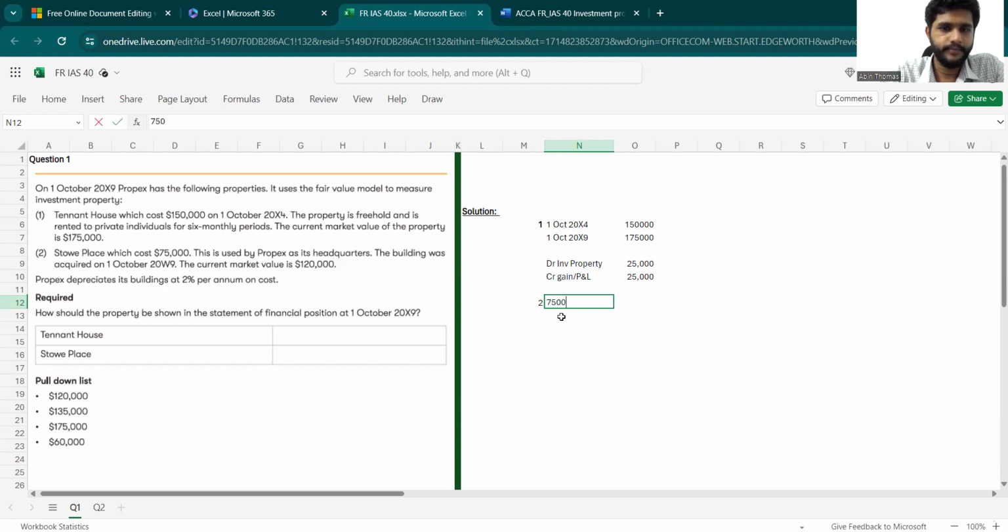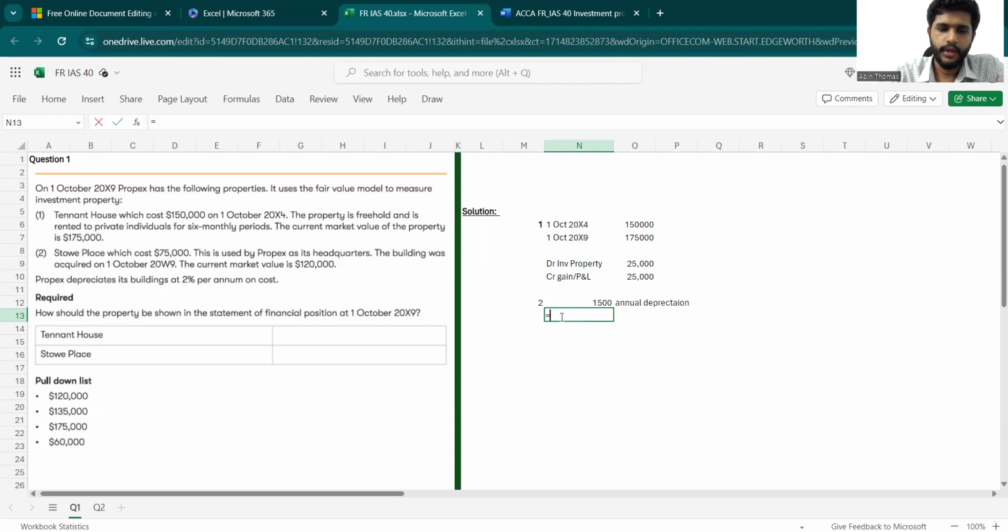Here it will be 75,000 into 2%, which is the annual depreciation. And how many years have passed till the current year? From 20W9 to 1st October 20X9, it is 10 years.